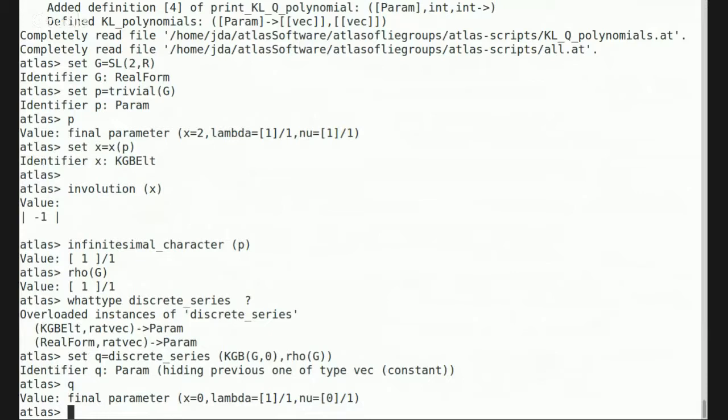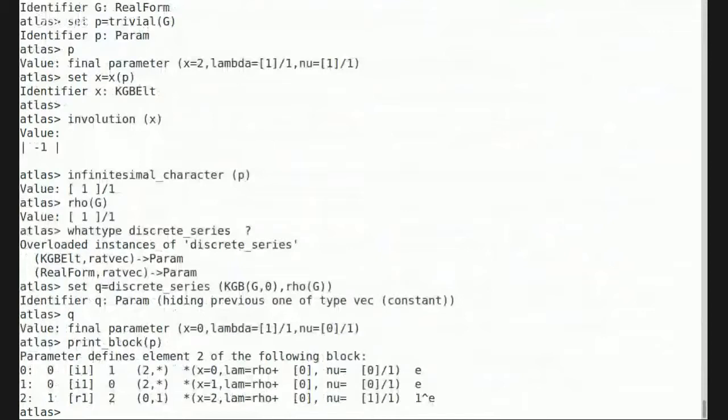So let's start slowly. So we're on SL2. I have a discrete series of SL2. What about the other discrete series of SL2? Well, let's see. So one helpful thing is to look at the block of the trivial representation.